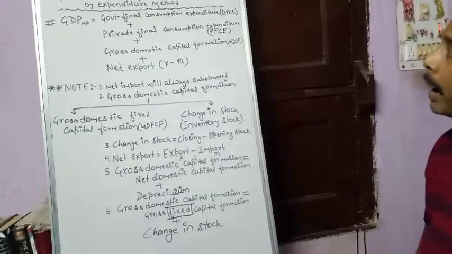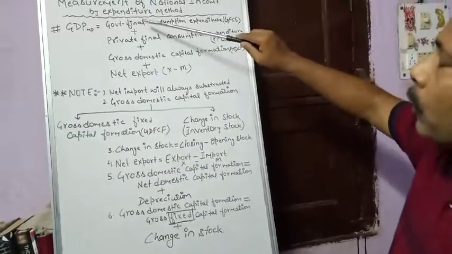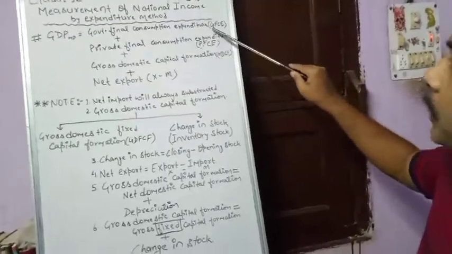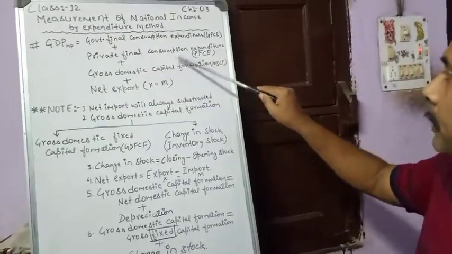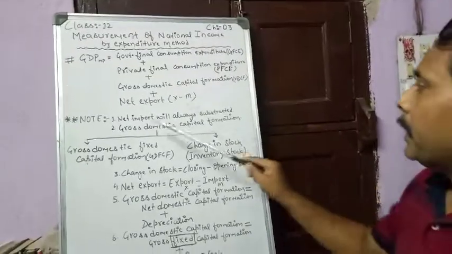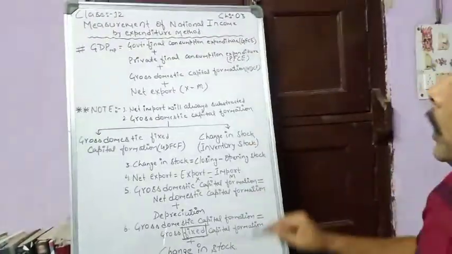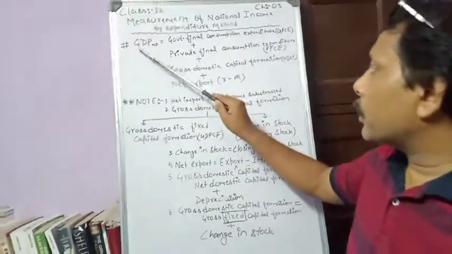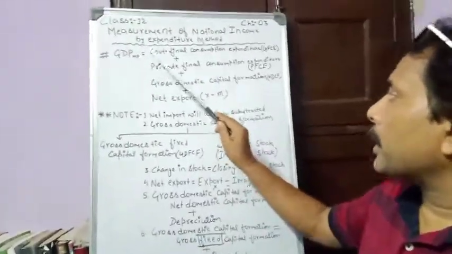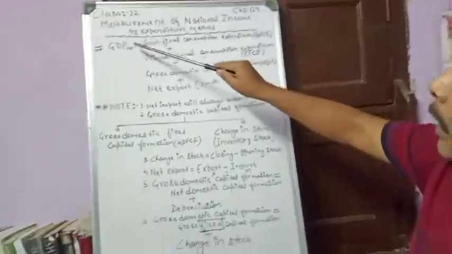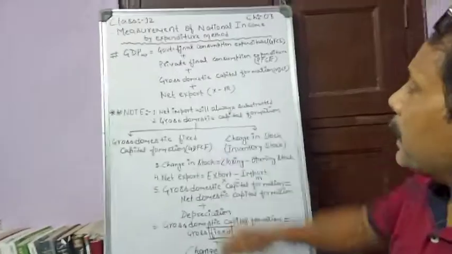So if we add all these four components, such as government final consumption expenditure, private final consumption expenditure, gross domestic capital formation, and net export, all four will make the gross domestic product at market price. So why is it called the market price?